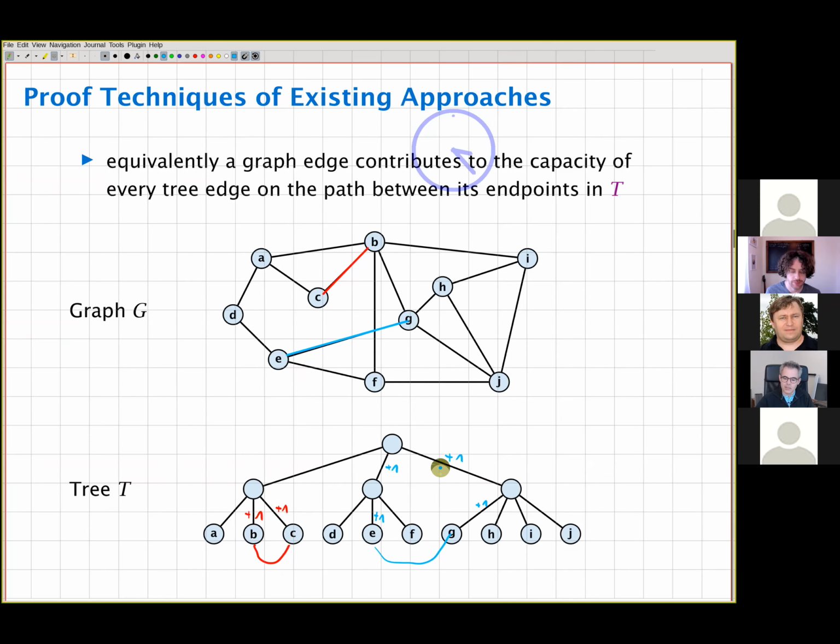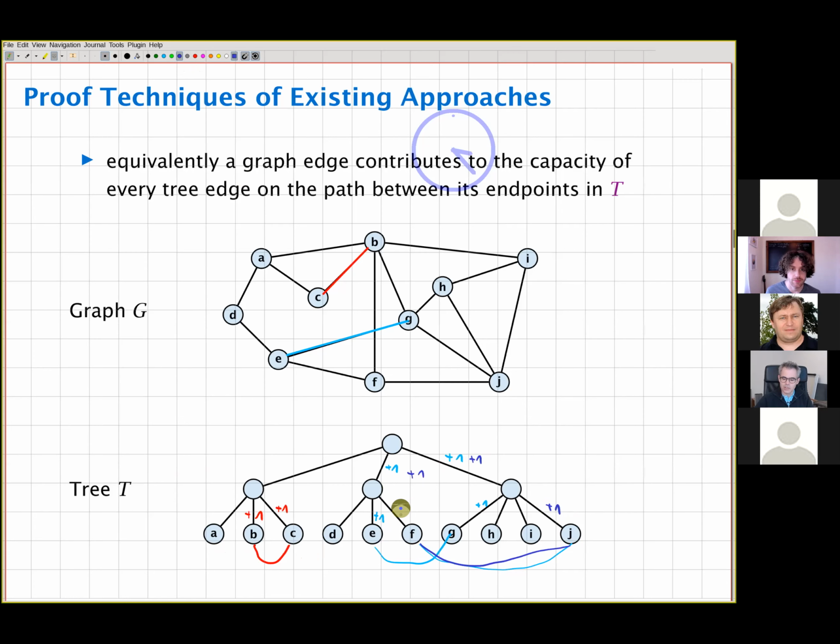And then I can do this also with this, okay, I have to see whether this graph edge is available. I can also do it with this graph edge. So I add +1 here, and now I get 2 here.